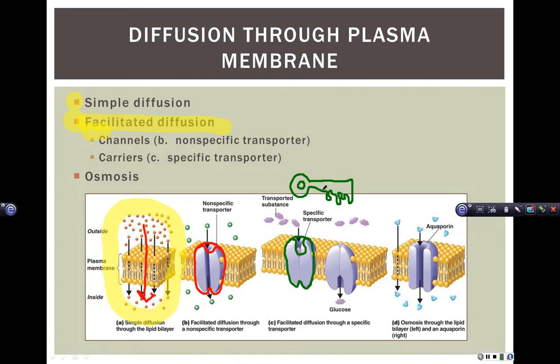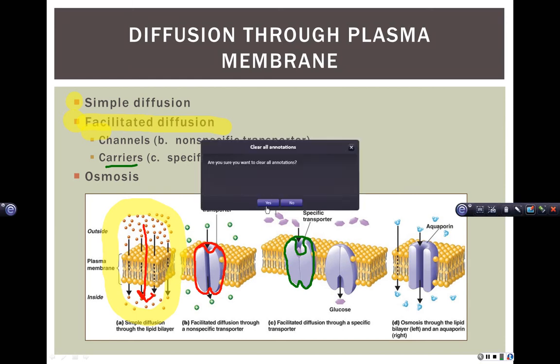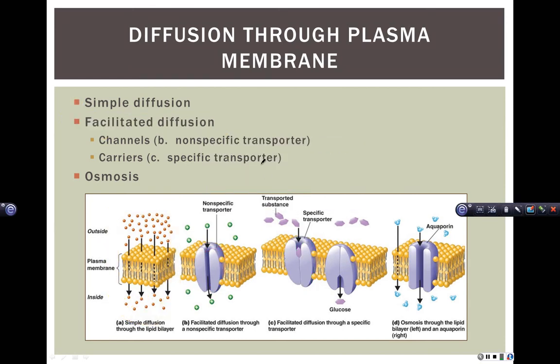So just the right, let's say it could be a protein, it could even be a, here in this example they're using a glucose, in other words a sugar, and let's say it fits just right, then it can go through the carrier molecule. But facilitated diffusion, whether it involves specific channels or non-specific channels, works with integral proteins embedded in the phospholipid bilayer.